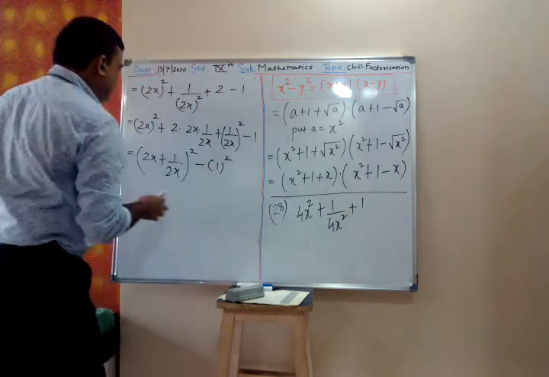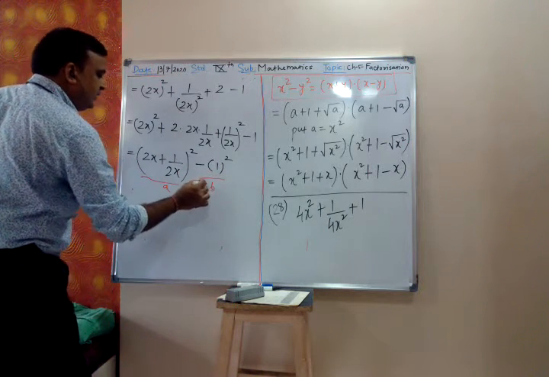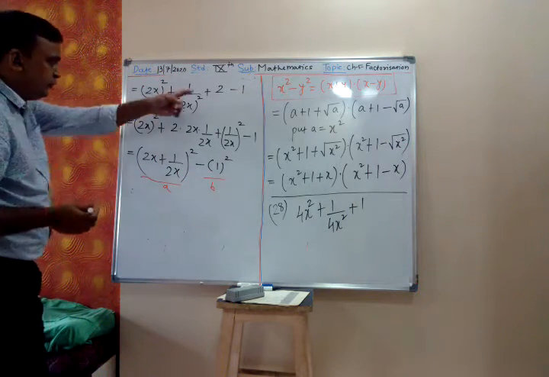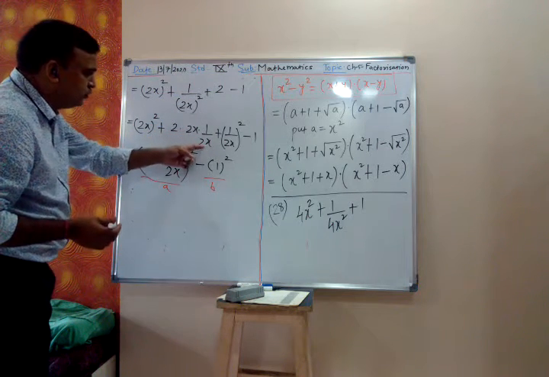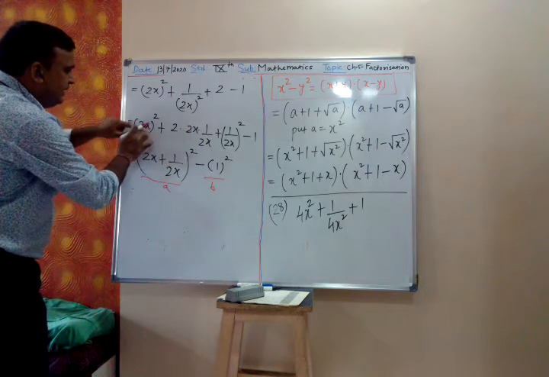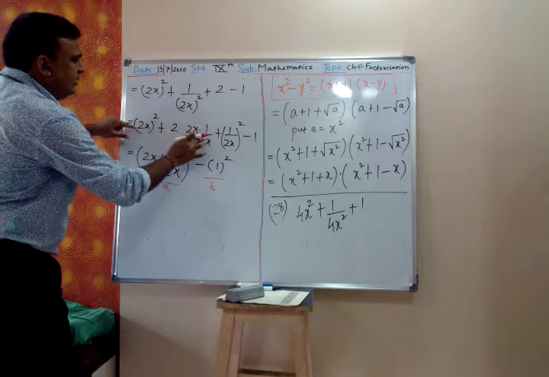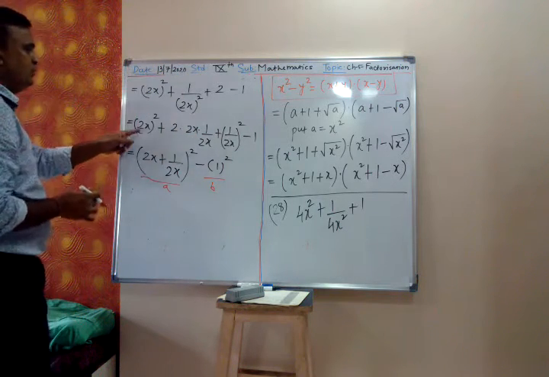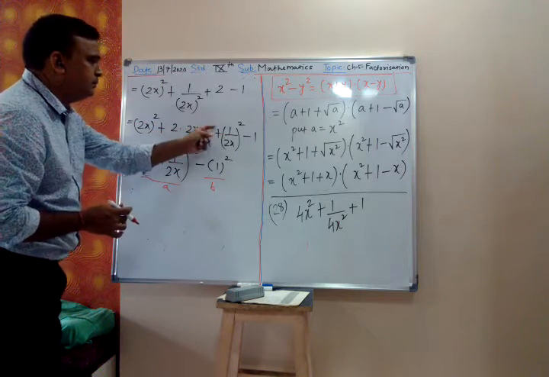So now this is my A and this is my B. This 2 I have written 2 into 2x into 1 upon 2x. This 2x is my A and this 1 upon 2x is my B. So 2 into A into B. A square plus 2 into A into B plus B square.